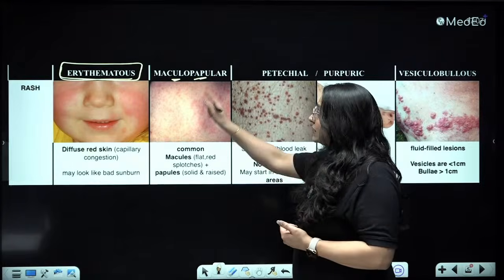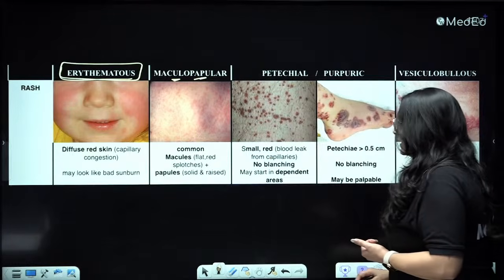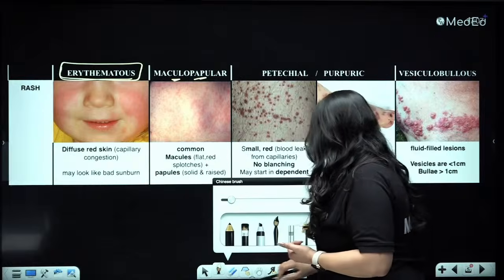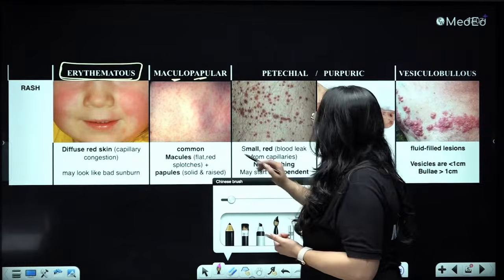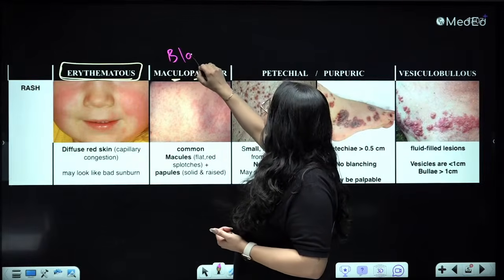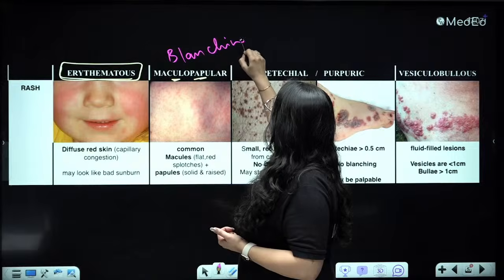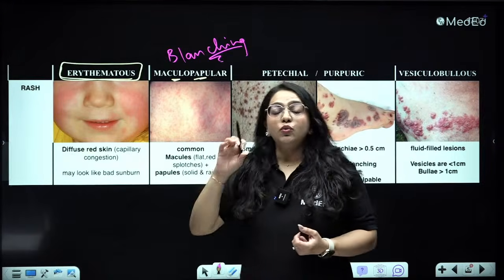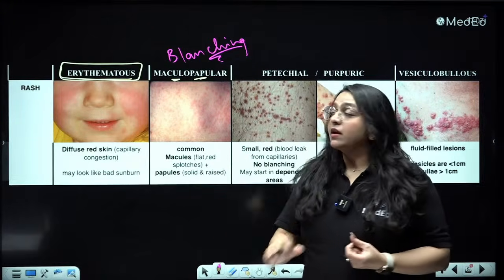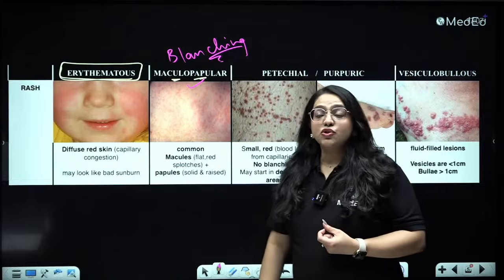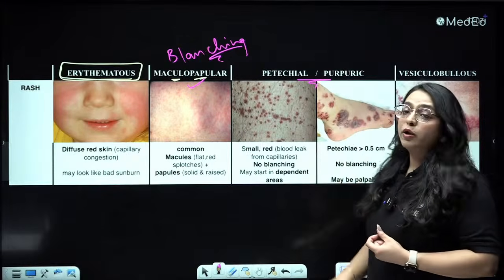But the special thing about maculopapular rashes is that they are blanching rashes. Okay, blanching. So this is what you need to find out, whether it is blanching or non-blanching, because then you want to know if you're dealing with a maculopapular rash or with petechiae or purpura.